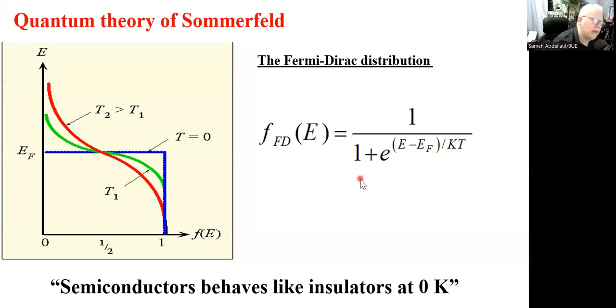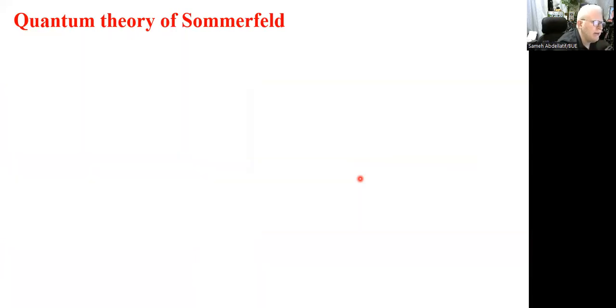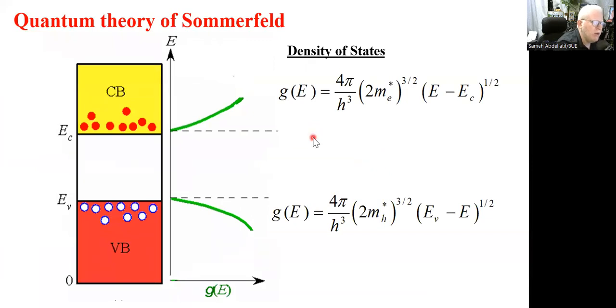On the other hand, I just described to you that the number of electrons is a multiplication of two factors: the probability to find an electron and the possible states, or the possible seats, for an electron. The possible seats of an electron is what's called the density of states. We have a density of states in the conduction band, and we have a density of states in the valency band.